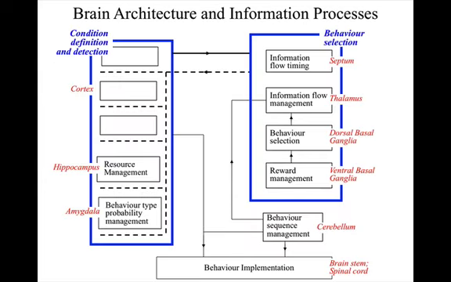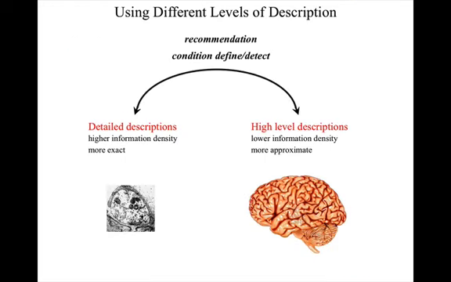And we've established that we can view almost any information process performed by the brain on any level of detail as being one of two general types, either a behavioral recommendation process or a condition definition detection process. And that gives us a bridge to map between high-level and detailed descriptions of the brain.